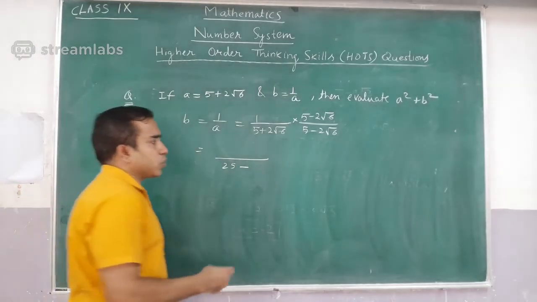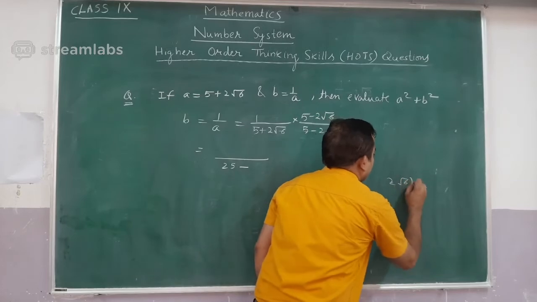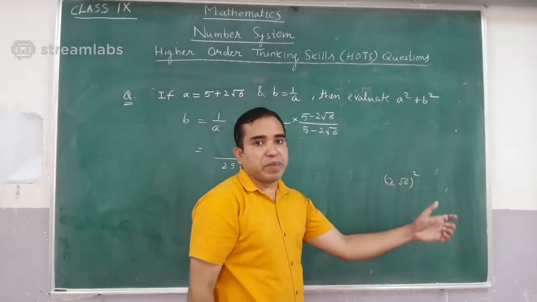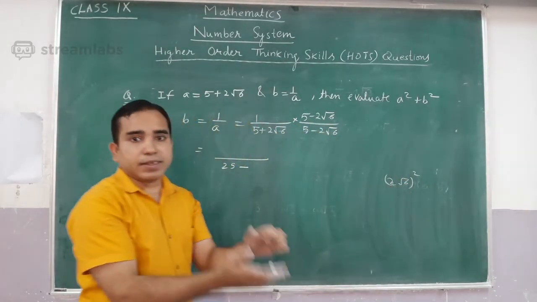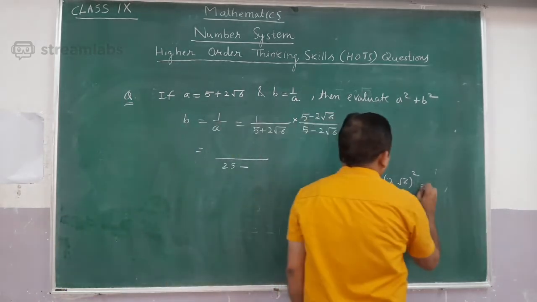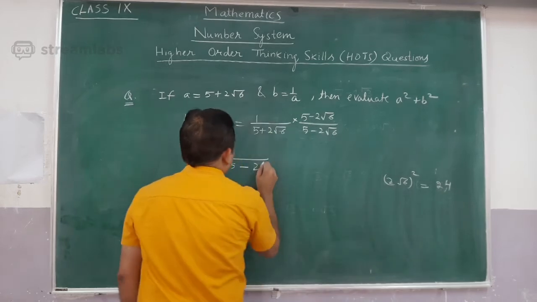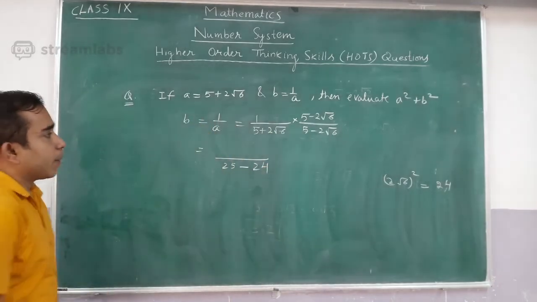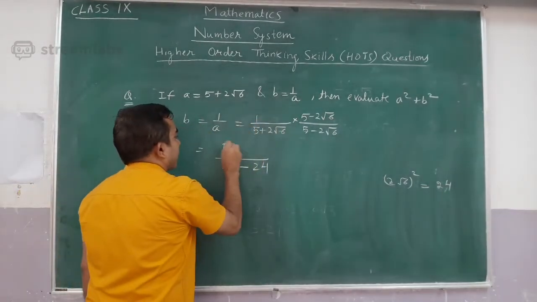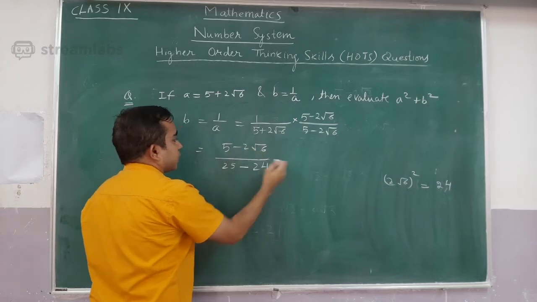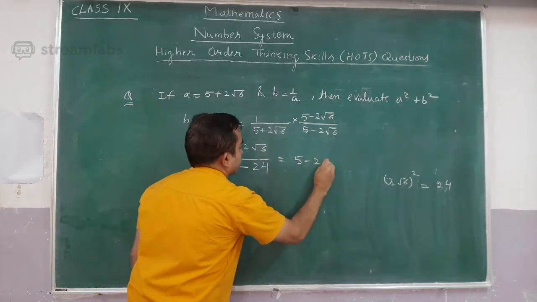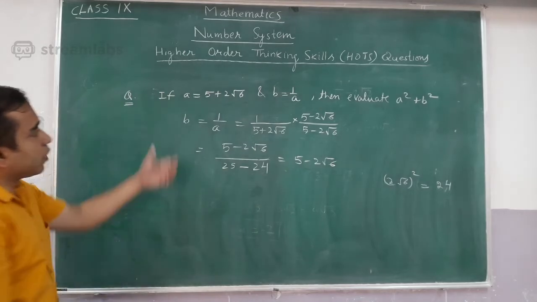What does 2 root 6 whole square mean? If there is any confusion, write it in rough, solve separately, and then directly write. This will be 2 twos are 4, 4 sixes are 24. And the numerator: this is 1 only, this is 5 minus 2 root 6. So B is 5 minus 2 root 6.